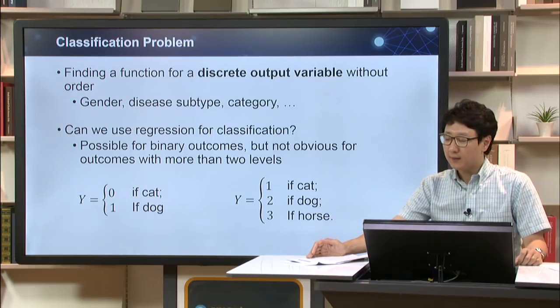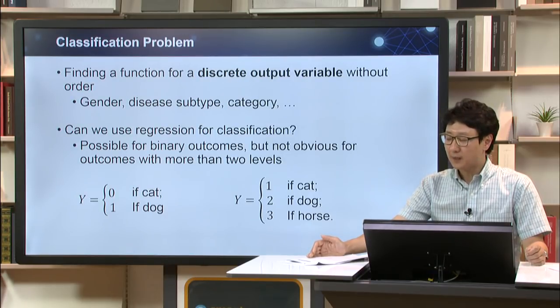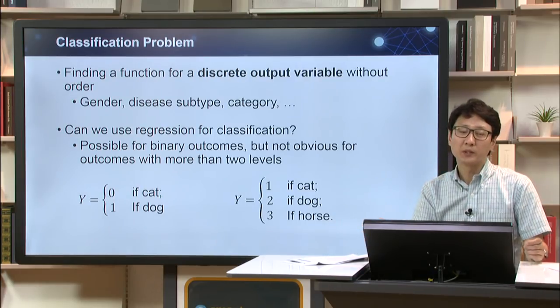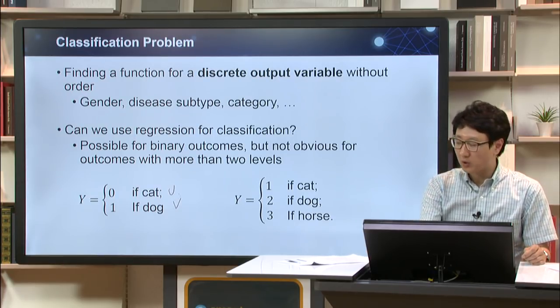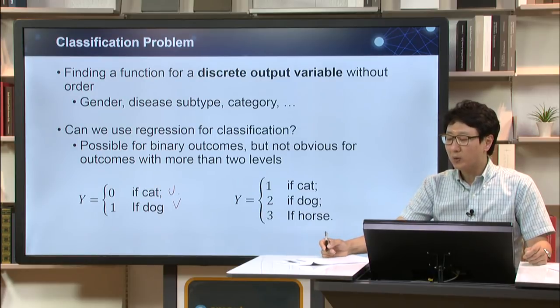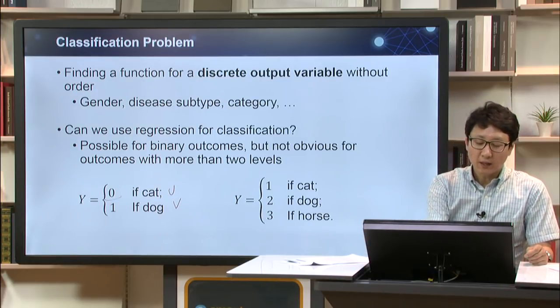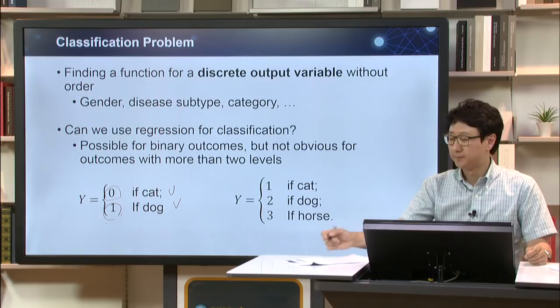Some people may think we can use a regression method for classification. It may be possible for binary outcomes. However, it's not obvious for outcomes with more than 2 levels. If the outcome is either cat or dog, we may encode cat as 0 and dog as 1.